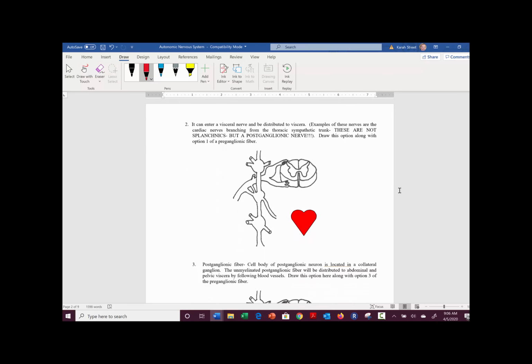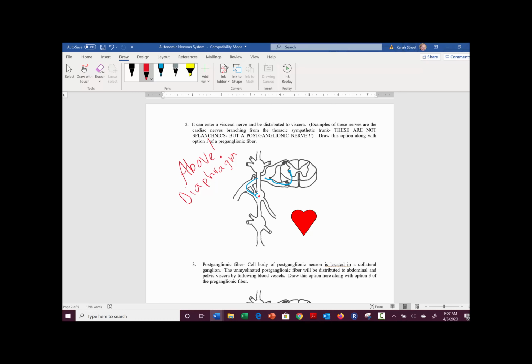But here's another option. First, I'm going to draw the preganglionic fiber. And it enters the trunk and synapses on the postganglionic neuron. Now this is above the diaphragm. And we're going to try and target, say, involuntary effectors above the diaphragm.